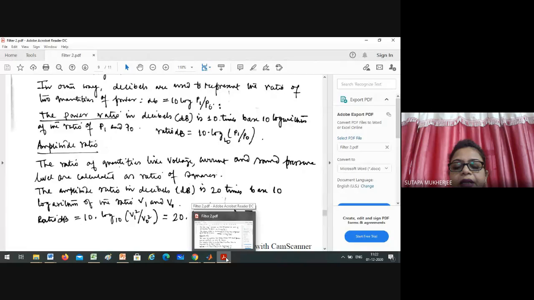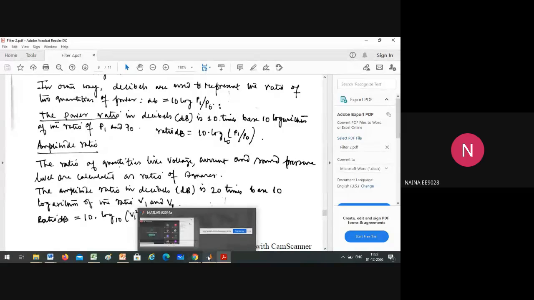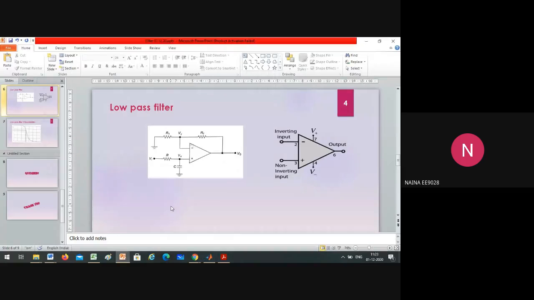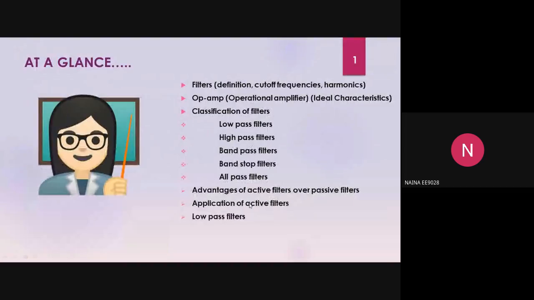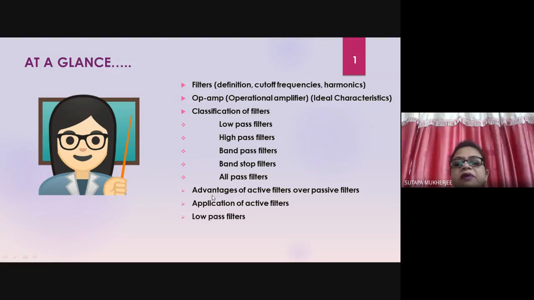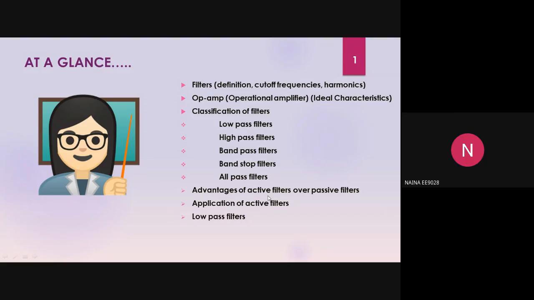Naina, tell me what is the review today? Ma'am, we have started from what is filter, then we have done what is operational amplifier, what are the ideal characteristics and its practical characteristic. Then we have seen what is inverting, non-inverting input terminal. Then we have seen types of filter. The first one we have seen low pass filter and high pass filter, and depending upon the frequency range we have seen 5 types of filter, and we have done the active filter and the low pass active filter derivation.